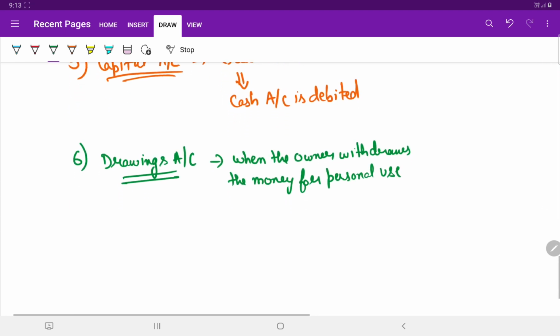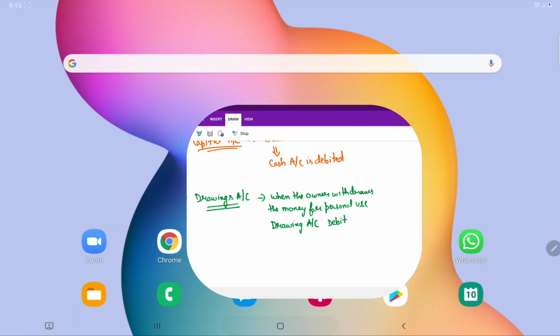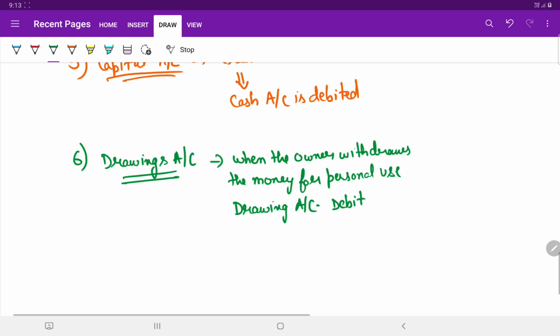So, in this case, the drawings account is always debited, whereas the cash account from which the money is withdrawn is always credited.